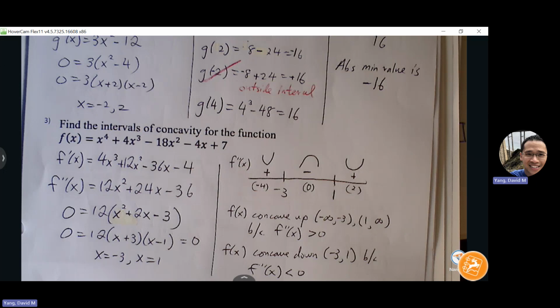They can. Okay. They can be sharp turns. So it's possible that the second derivative value at that point is undefined, but that point can still be a point of inflection.